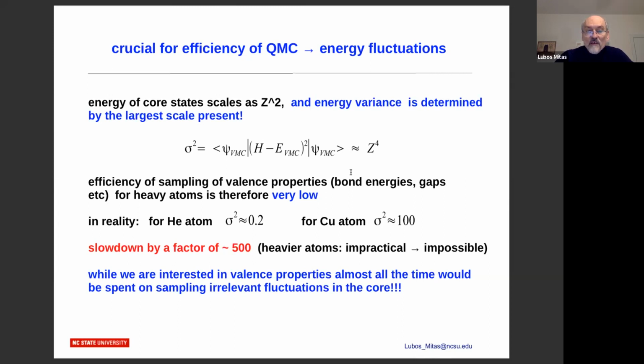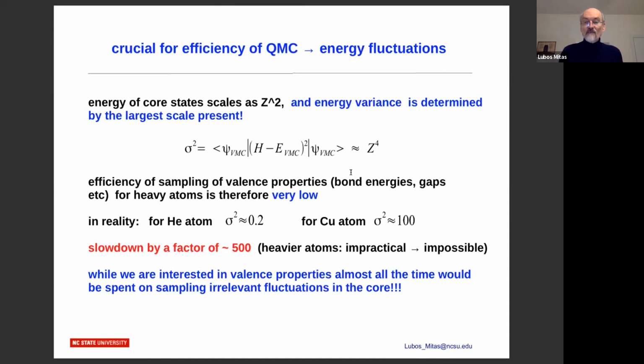In fact, if you think about an atom which doesn't have nominally a core, like helium, the sigma squared typically is of the order of 0.2, but for copper, it is about 100. So there is a slowdown by a factor of 500 going from an atom which doesn't have a core to an atom which has a medium-sized core.